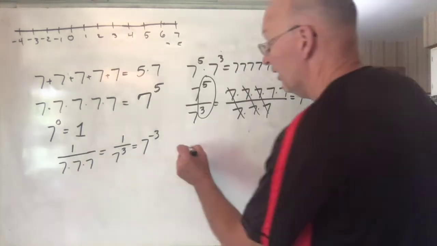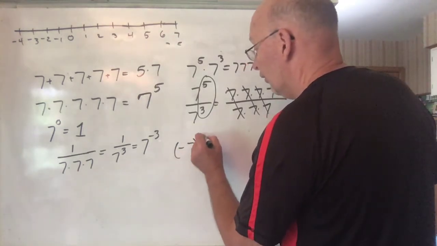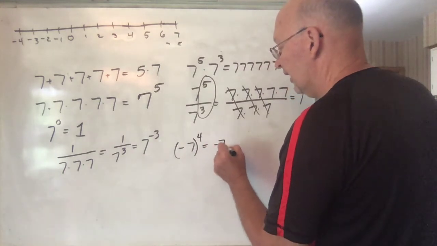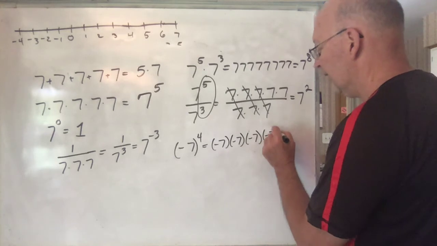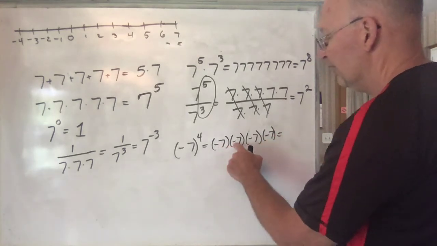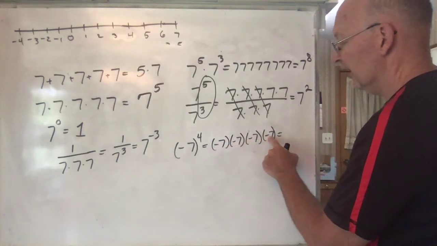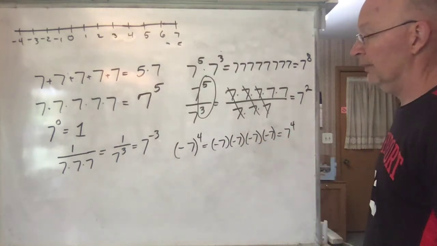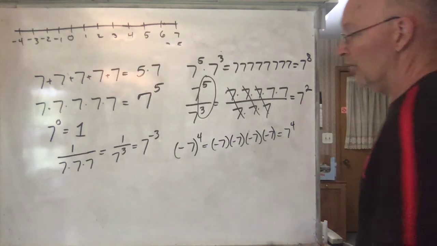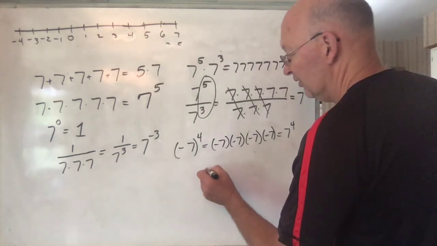By the way, if I had negative 7 to the 4th power, that's negative 7 times negative 7 times negative 7 times negative 7. Negative times negative is a positive. Negative times negative is a positive. So 1 times 1 is 1. So that's just going to be 7 to the 4th. Okay? So that is not the same. Let me just clarify this.